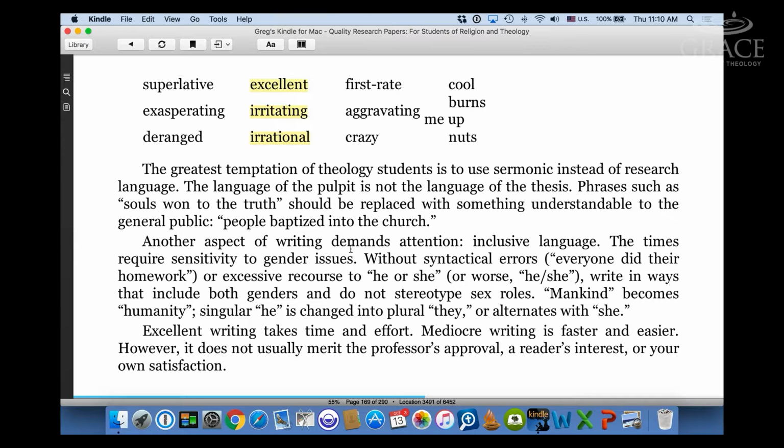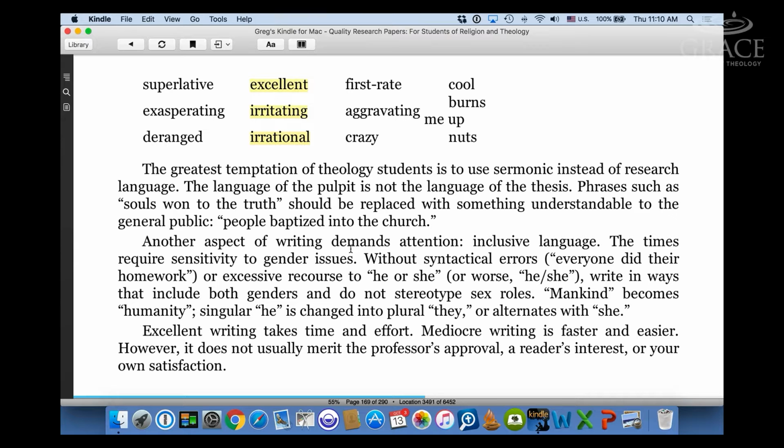Now here's a little chart, and the second column is an example of standard language. That's the column that we want to follow. The left is really too formal, and the right is a little too casual. We want to be in that standard column.